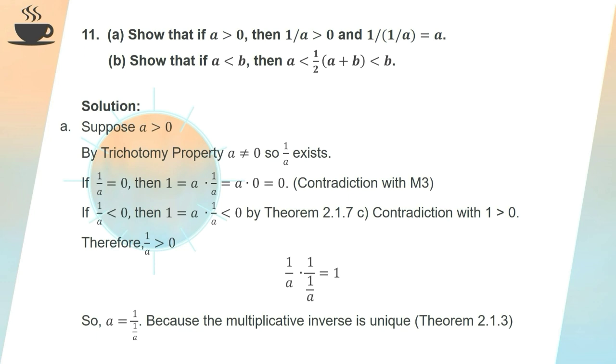By theorem 2.1.7c, this contradicts 1 greater than 0. Therefore, we get 1 over a greater than 0.